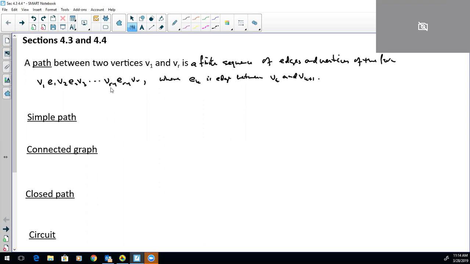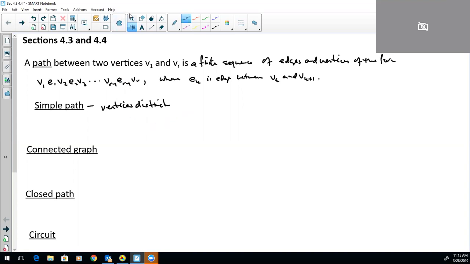Now, so a path is just a sequence of the vertices and edges, and you may not need to label the edges. If there's only one between two vertices, then you can just label the two vertices here. Now, a simple path is where all the vertices are distinct. Okay.